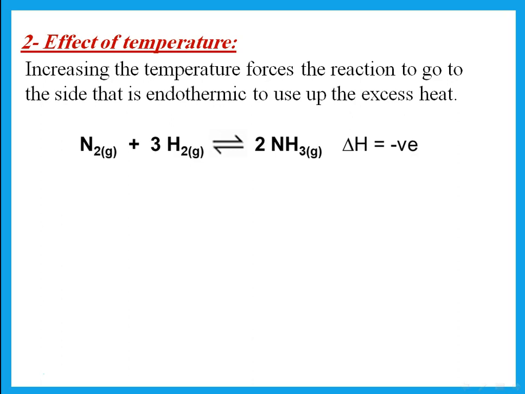We said exothermic reactions are reactions that give out heat and their delta H is negative. So can you see that delta H at the end of the equation? He's telling me that delta H is negative, or he would say that delta H is minus something. That means going forward, nitrogen plus hydrogen to give ammonia, the reaction is exothermic. That means that the temperature of the reaction rises.